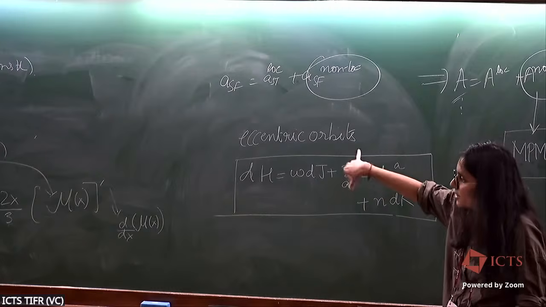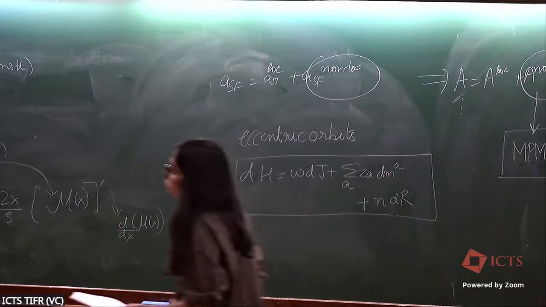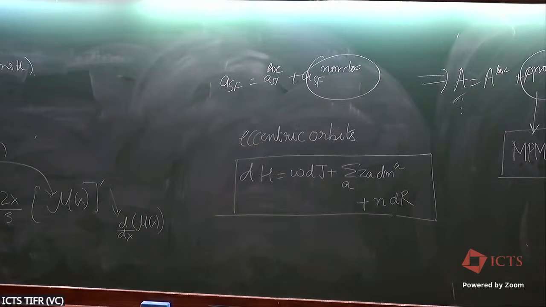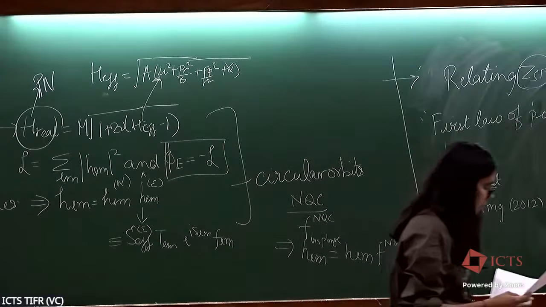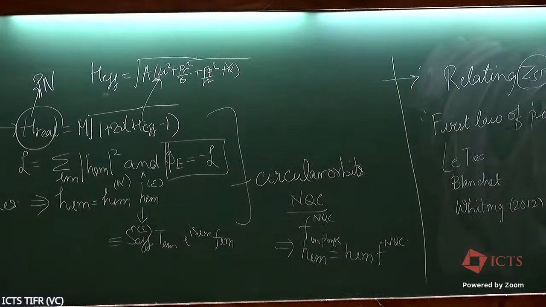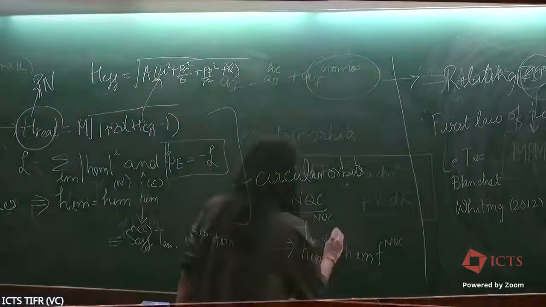And now using the same game, we will be able to also obtain the V and Q metric potentials, which we could not obtain when we were focusing on the circular orbits. N is the radial frequency, which is dependent on the orbital period.